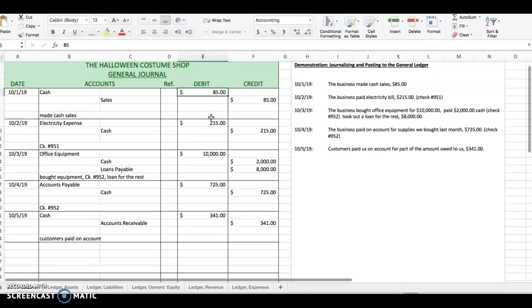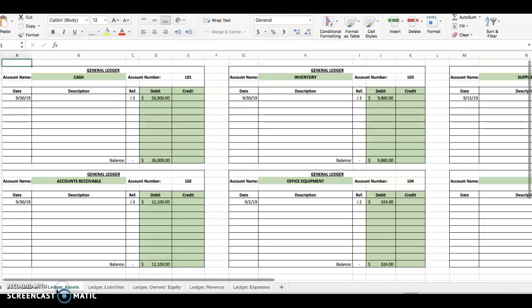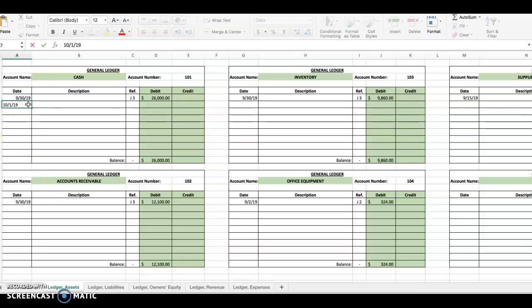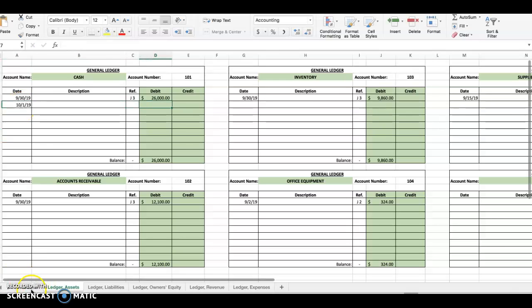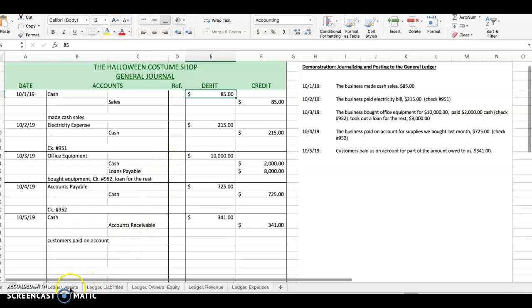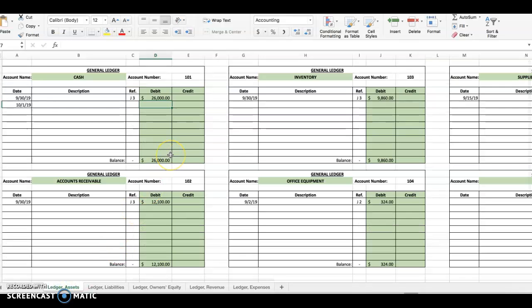That tells us what to do. So we find the cash account, we put in the date, and it was debited, as we saw back in the journal, by $85. So we debit 85. The balance will show that it has increased, which is what we want to see.